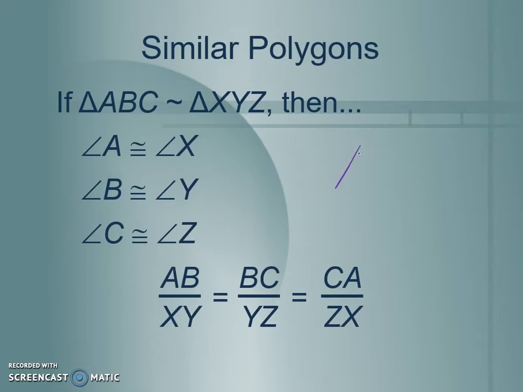So just real quick here, if we drew out this triangle and this triangle, we can say that they are similar. We have A, B, C, then we would have X, Y, Z. And that helps you to see the angles that are congruent and the sides that are proportional, and how they have to be written in the same order to show that.